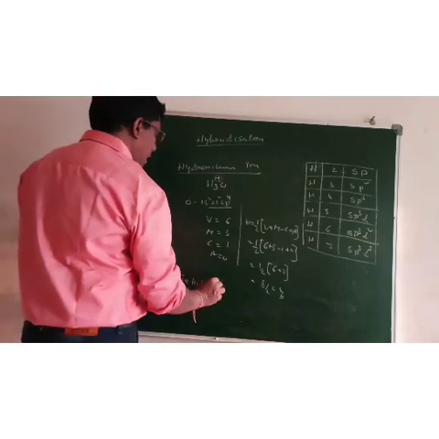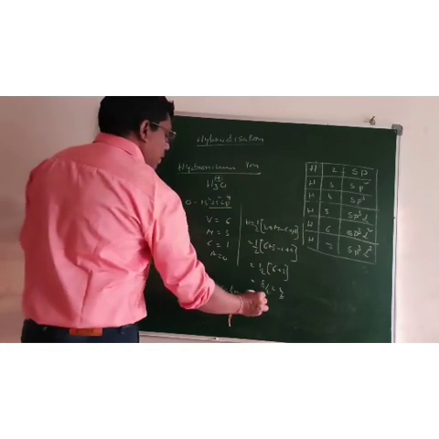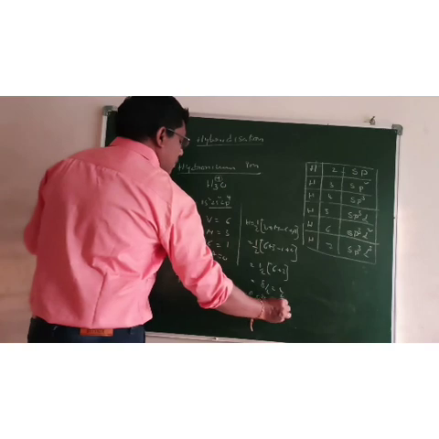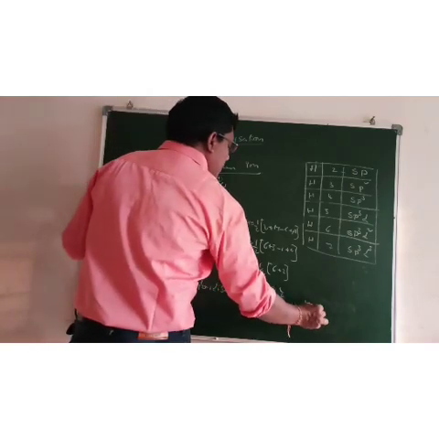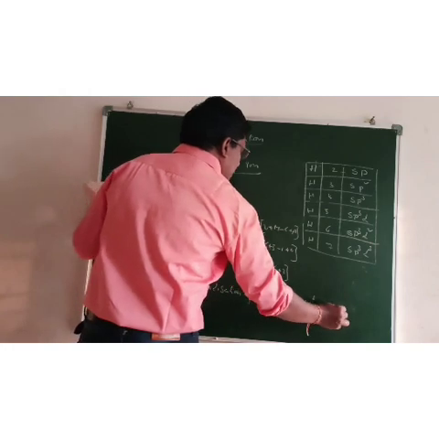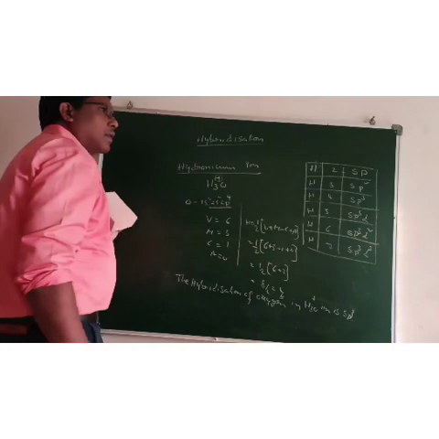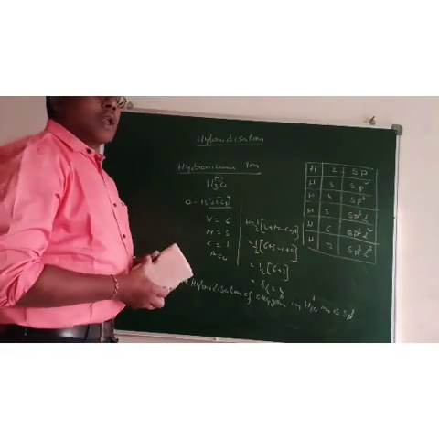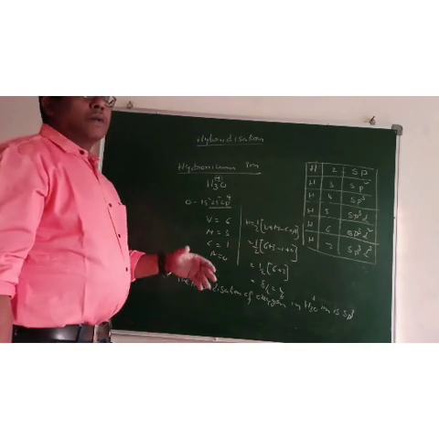So the hybridization of oxygen in the hydronium ion is sp3. So it is very clear how to calculate for cations also. Now we go to the next one.